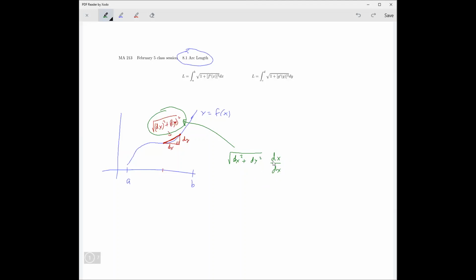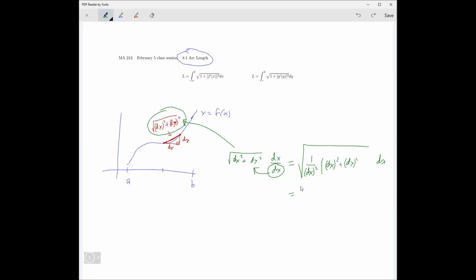As the dx in the denominator goes into the radical as dx squared, under the radical, you have 1 over dx squared times dx squared plus dy squared, and that's all times dx.